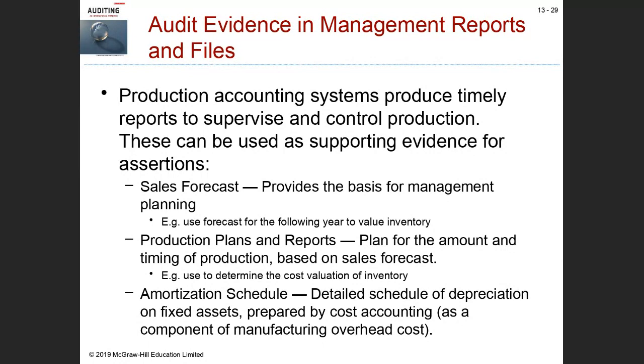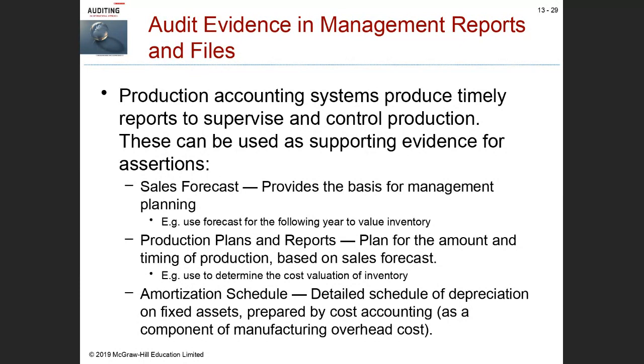So with respect to all those overhead costs, we have those, but then we also have depreciation. Right? So as we use up our equipment, as we use up the plant in which we're actually doing the manufacturing production, we're going to have to record the depreciation for the use of those assets. So in terms of our production, we also use those reports to determine what our depreciation is actually going to be for the assets that we're using up.